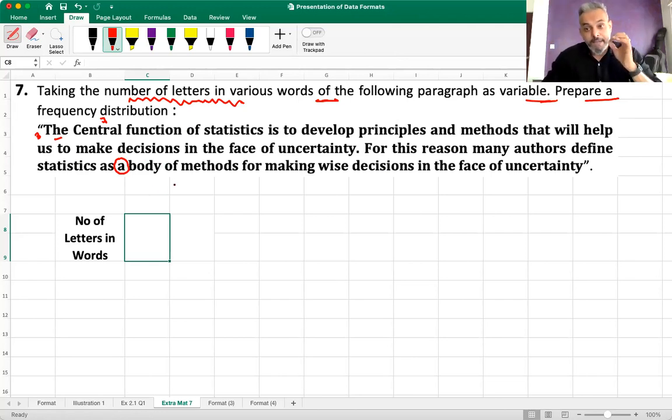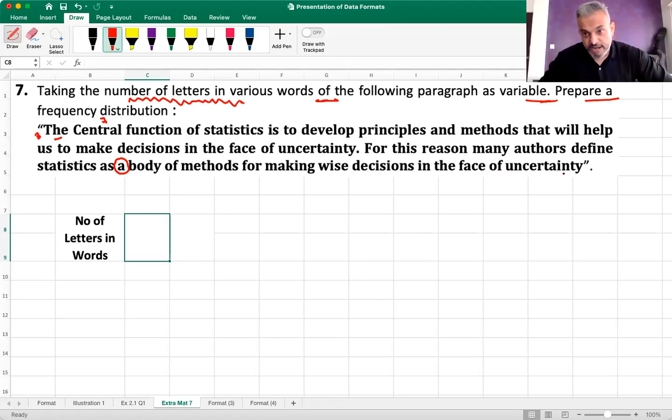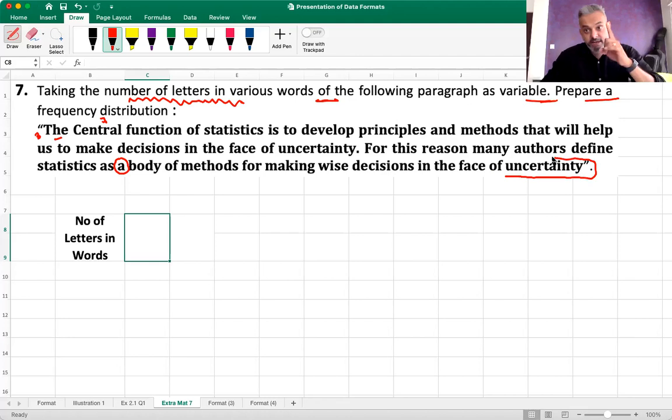Okay, what is the maximum? कौन सा ऐसा word है where maximum number of letters हैं? Sir, uncertainty. 1, 2, 3, 4, 5, 6, 7, 8, 9, 10, and 11 letters. So 11 is the maximum, and this A is a single letter, so that is 1, and uncertainty has 11 letters.